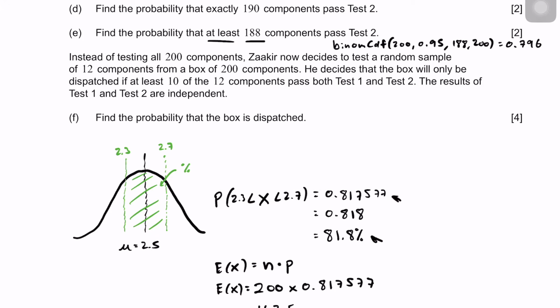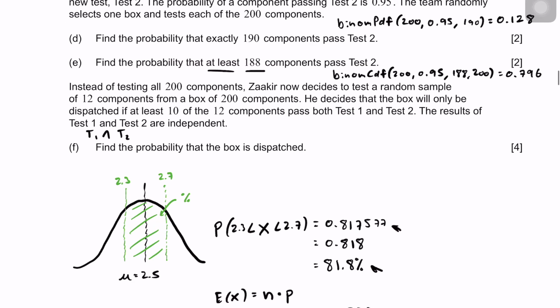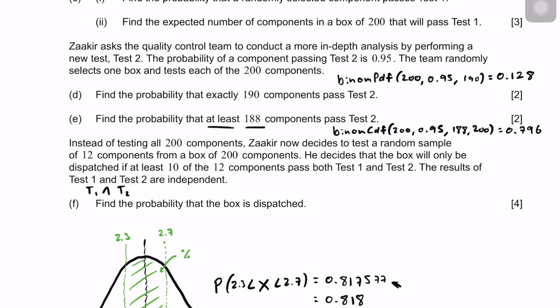But it's not done yet, they haven't successfully passed, because they need to pass both test 1 and test 2, right? So we can say T1 and T2. 81.8% will pass this original test, but what is it for them to pass test 2? Well, they also need to pass test 2, which occurs 95% of the time.